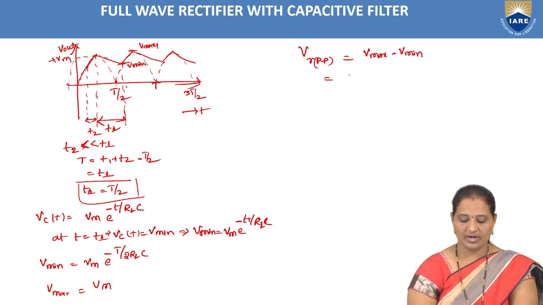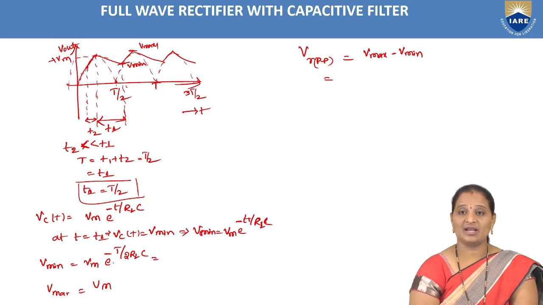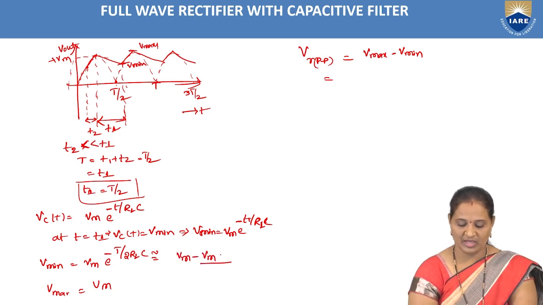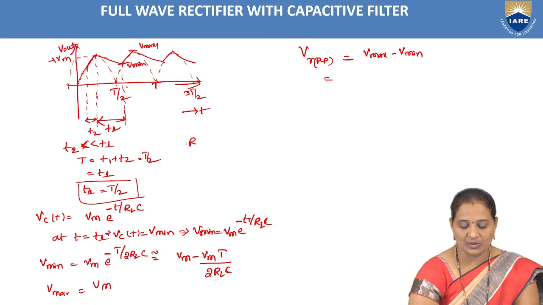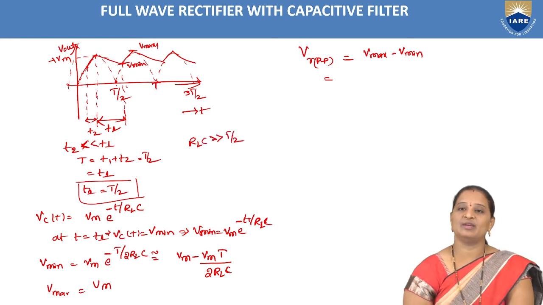Before that, according to the Taylor series expansion, we can approximate this, because 2 RL into C is very much greater than T by 2.